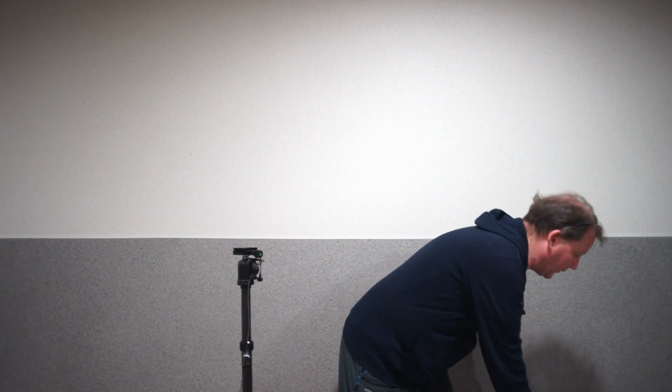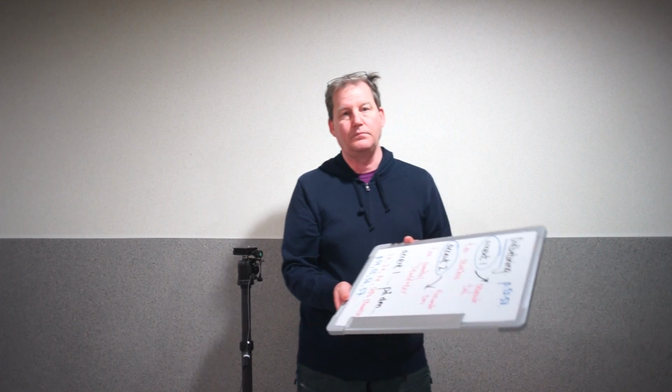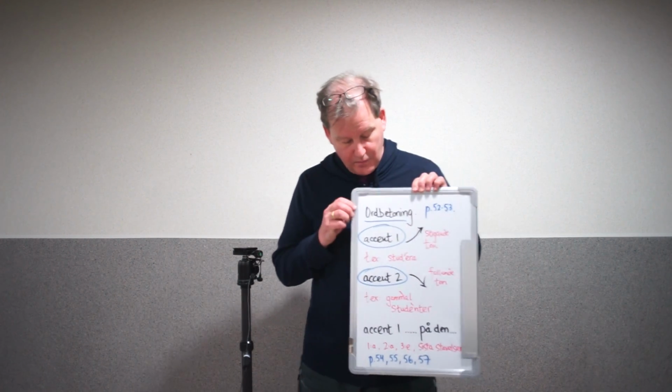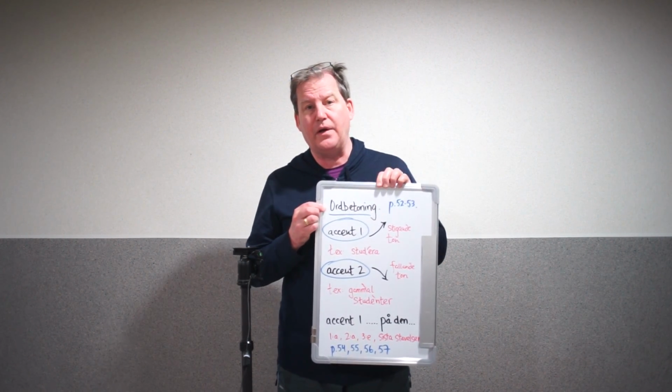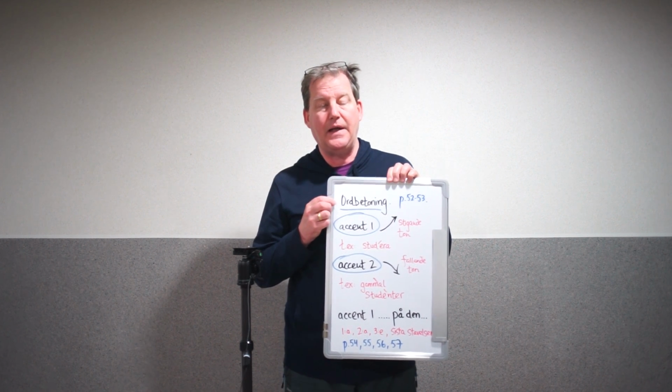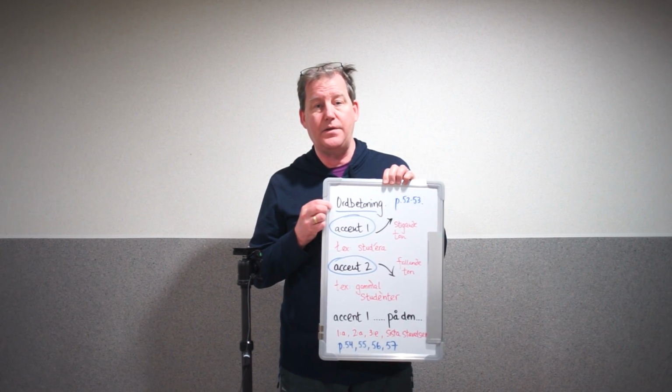Okay, today in this brief video I will speak about emphasis in the word. Ordbetoning. Let me pick up my little whiteboard and explain to you. Ordbetoning, that means the emphasis within a single word.